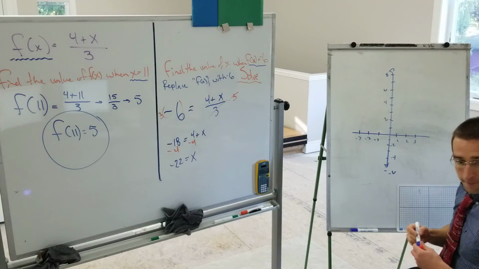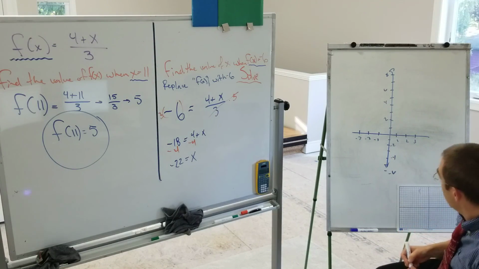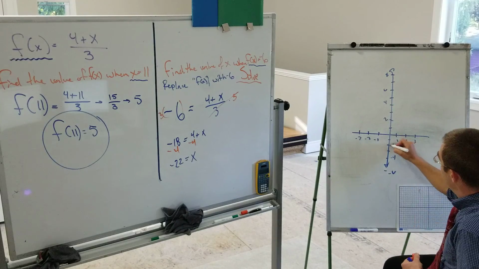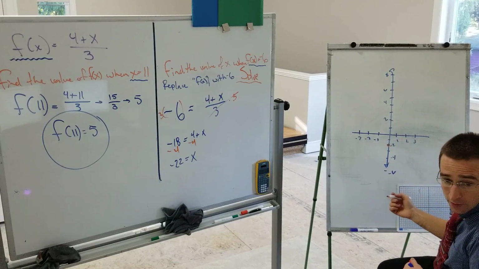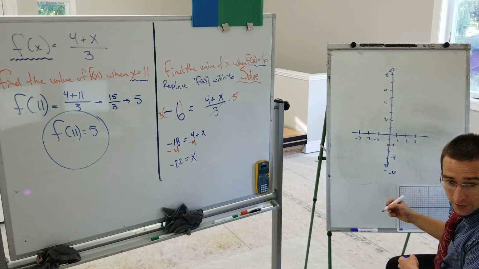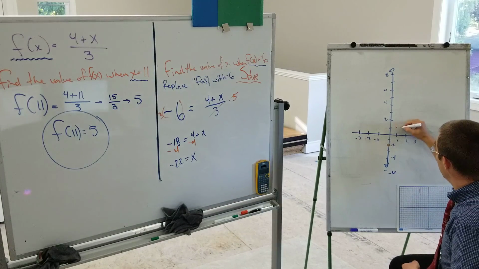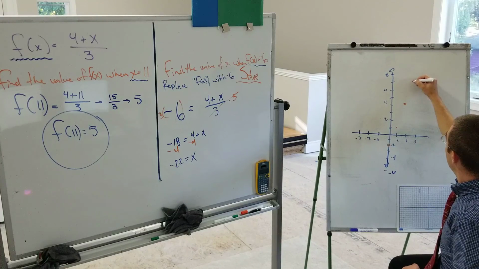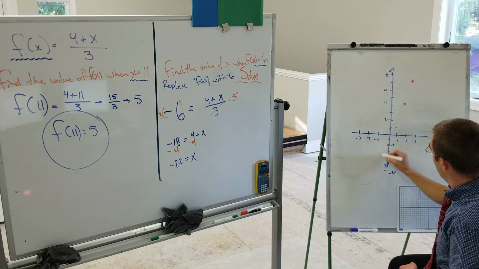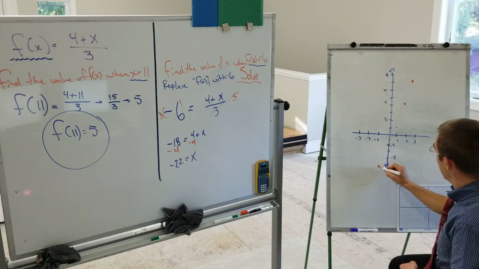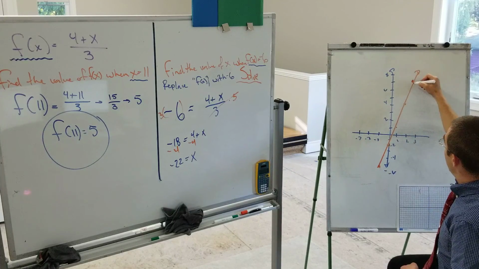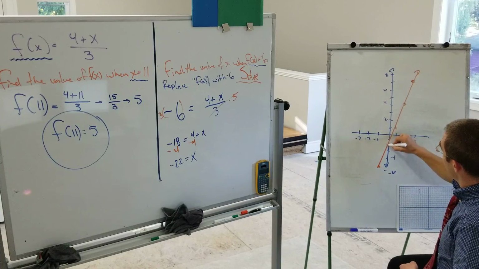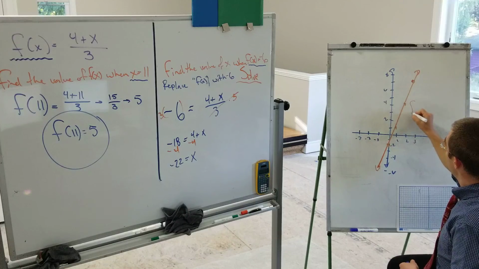All right, and we're going to start here. Y-intercept at (0, -2), and we're going to have a slope of 3. Let's say we've got that line right there, and this is the function f.